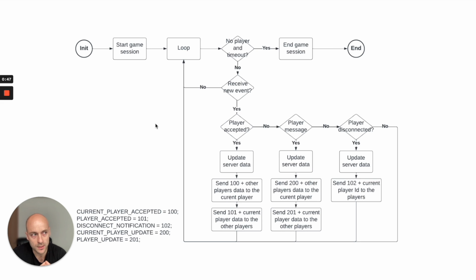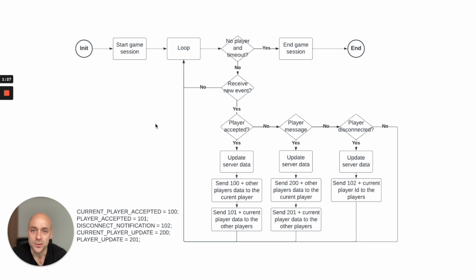First, it will store player data and eventually update this data. By player data, I mean position, rotation, action performed, and whatever you need for a game. And second, it will receive player events and dispatch those events. Very simple. For example, if a new player connects to your game, you need to tell the other players in order for the clients to update.